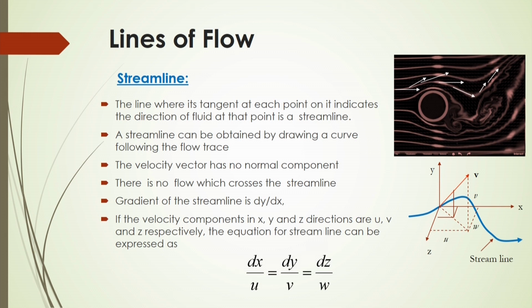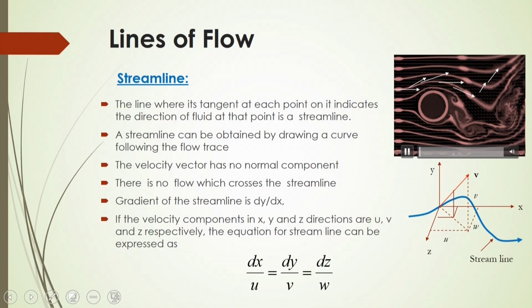Now, whenever fluid is flowing in a particular direction, there will be some particles flowing along a particular path. The line of that path along which particles move is called the path line.